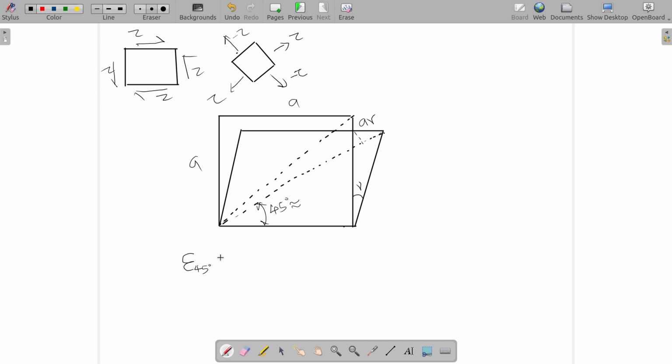Now we know that shear modulus is defined as shear stress by shear strain, and shear strain is equal to tau by G. But this epsilon is the component in the strain tensor.